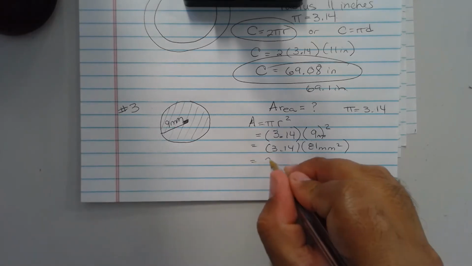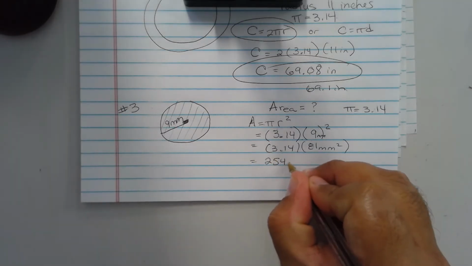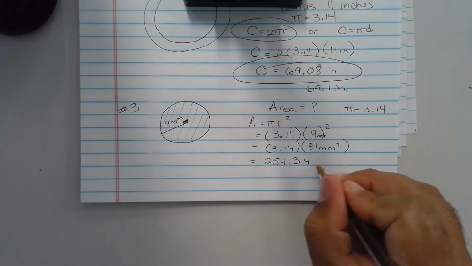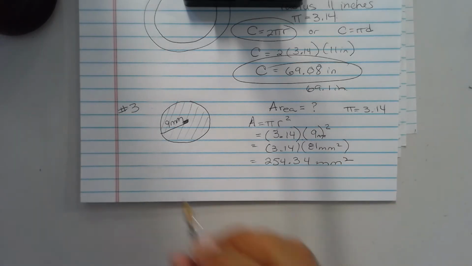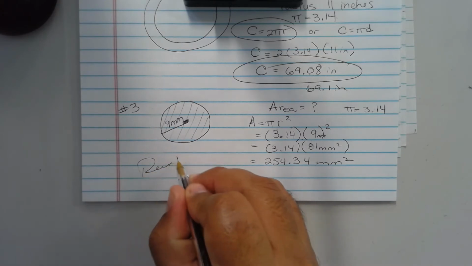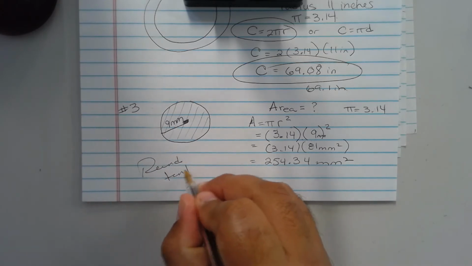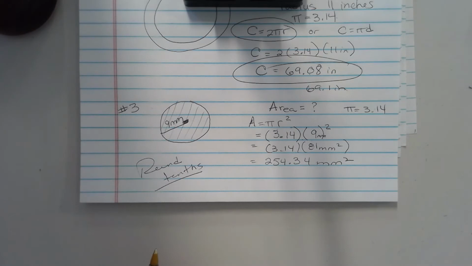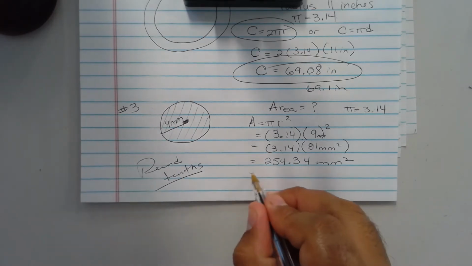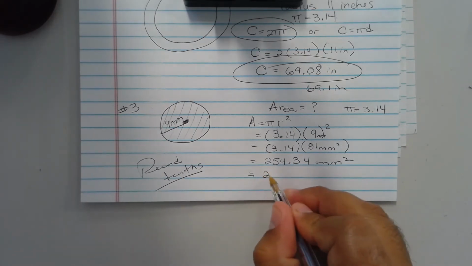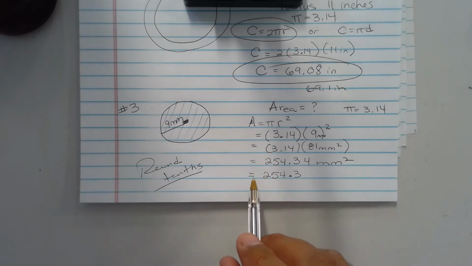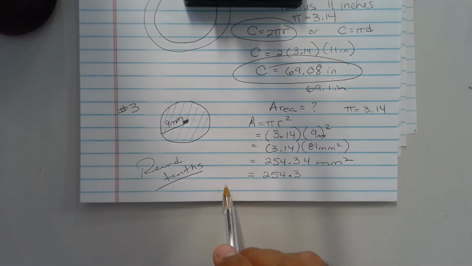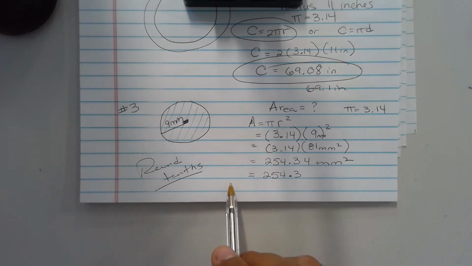We have 254.34 millimeters squared. If it says round to the nearest 10th place, what will be my final answer? 254.3. This is very important because on part B, it does tell you to round.